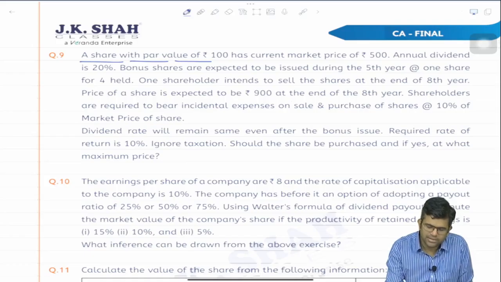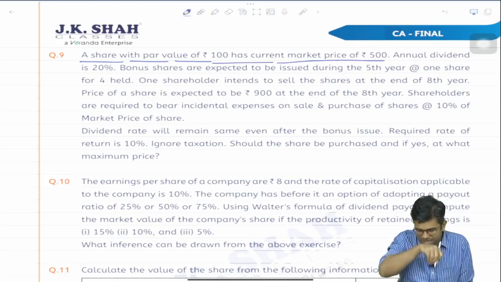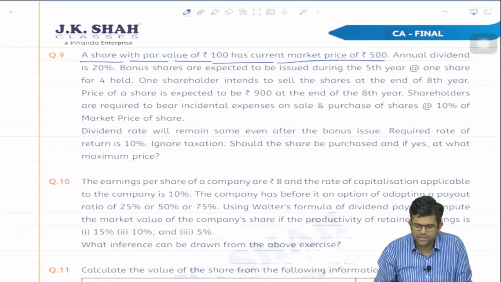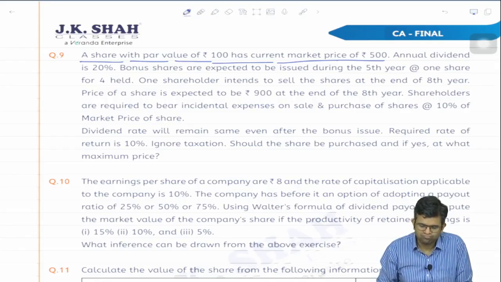A share with par value of rupees 100 has a current market price of rupees 500. What does this mean?